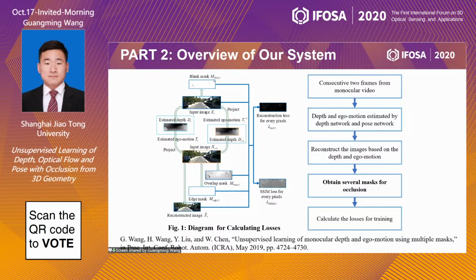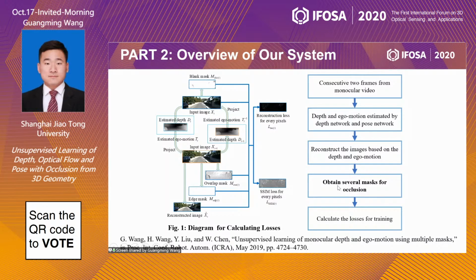First, we use consecutive frames from monocular videos as the input. Then the depth and angle motion can be estimated by the depth network and pose network. Then we reconstruct the images based on the depth and angle motion.